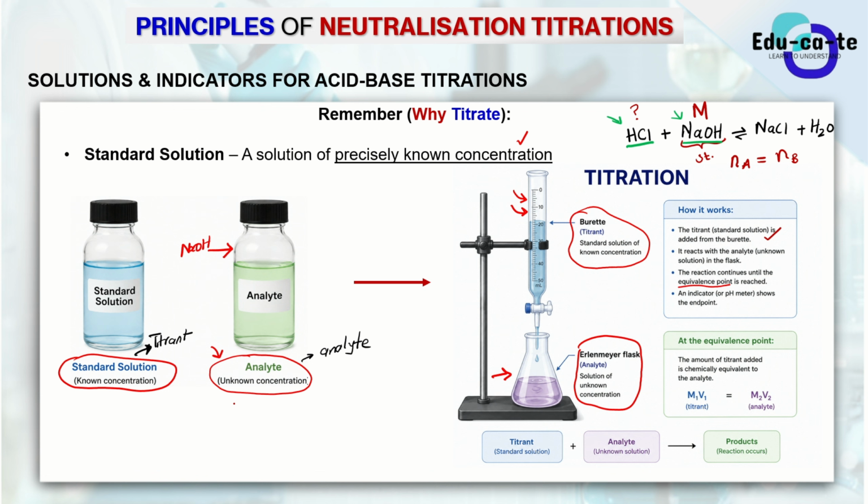And you already know that the number of moles can be expressed as the molar concentration times the volume. So you can say this is the molar concentration of the acid multiplied by the volume of the acid that is added. This must be equal to the molar concentration of the base times the volume of the base added.